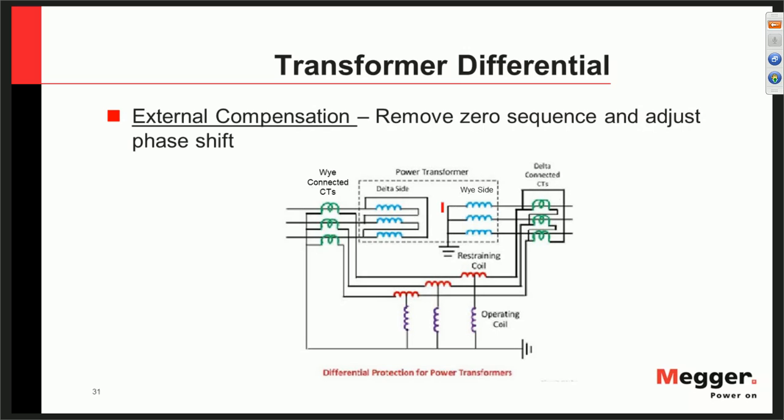So you have Y grounded on both sides. This Y is solidly grounded here, and this Y is grounded here. So in both loops, now I have zero sequence current flowing. In a way, I have restrained my differential element from tripping for external faults, because now I have equal current and there is no differential current flowing.